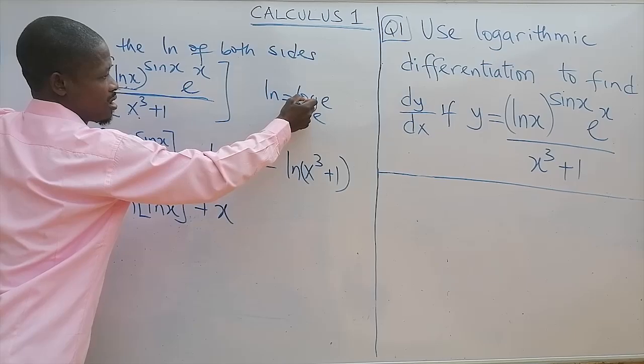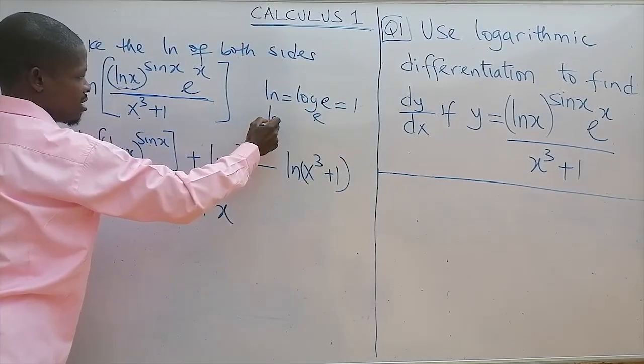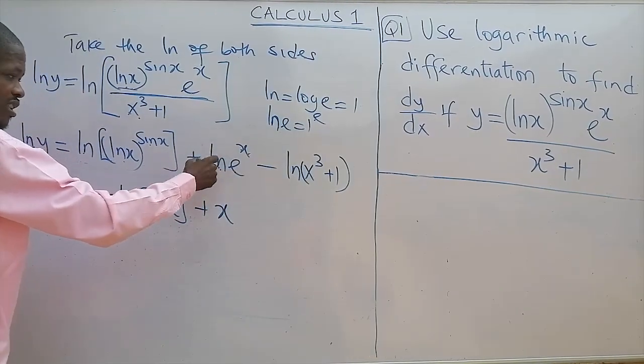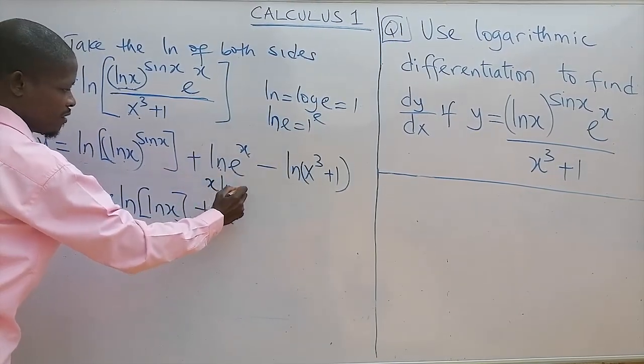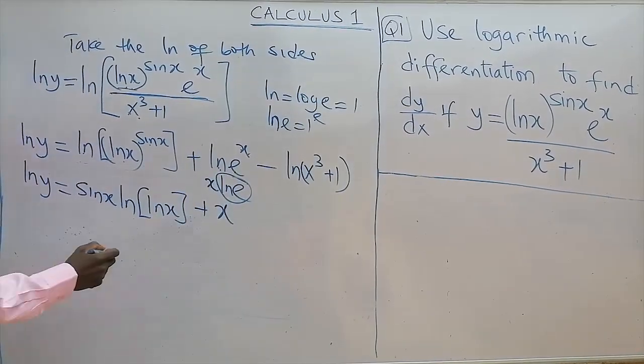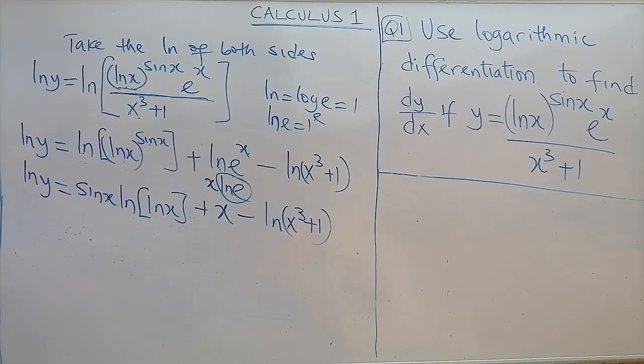So log of e to base e is 1. In a nutshell, ln e is 1. And don't forget this power comes to the front, so it's x ln e, which is x times 1. And then we have minus ln of this. The next thing to do is to differentiate implicitly with respect to x.